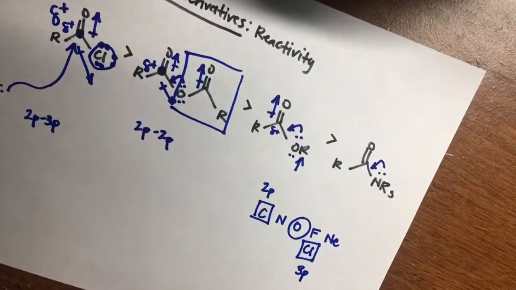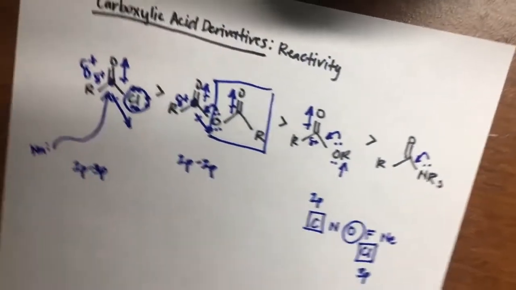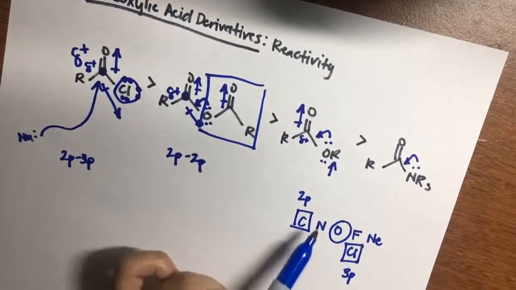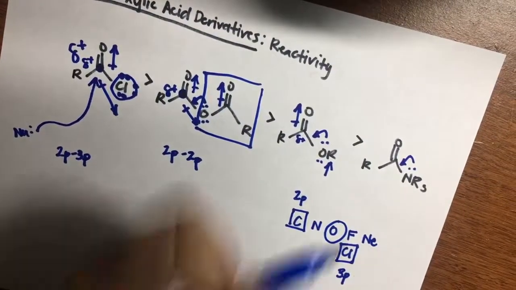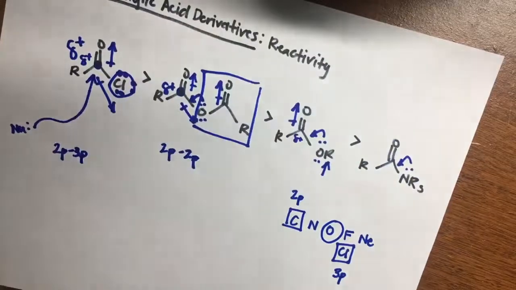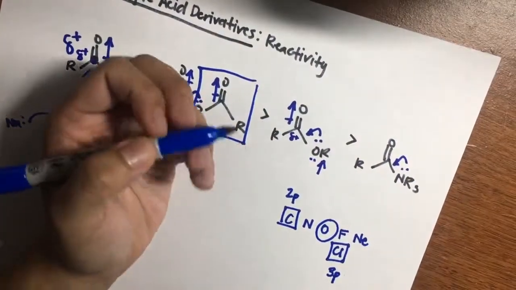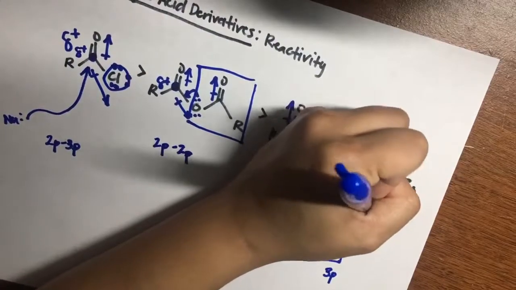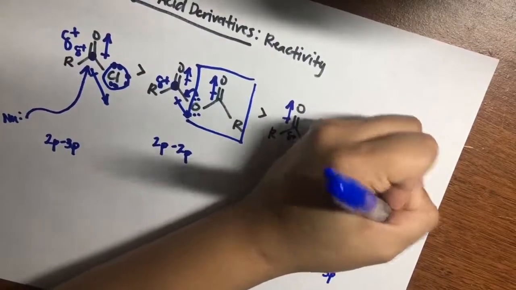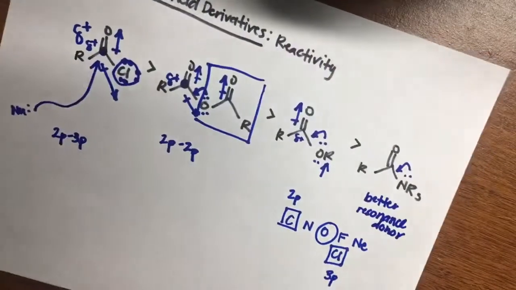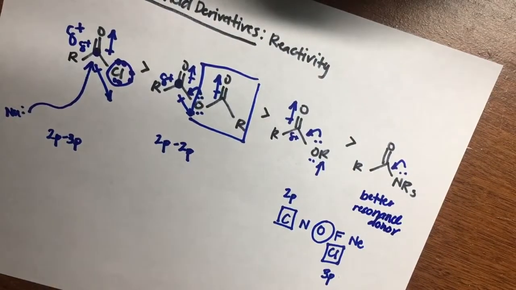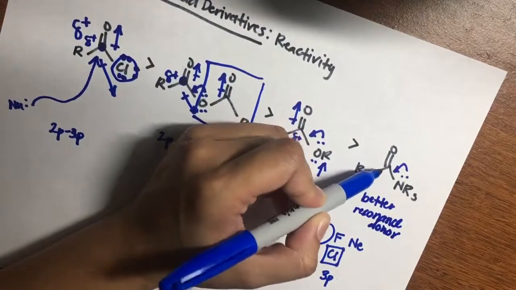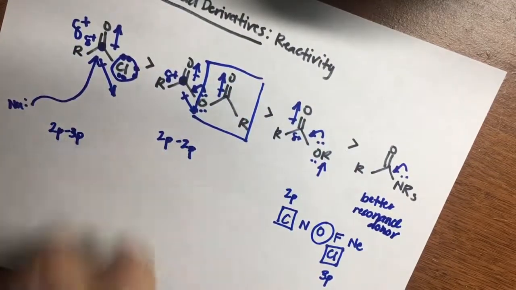But since nitrogen is less electronegative than oxygen, it's better at donating those electrons than oxygen would, and nitrogen is a better resonance donor. And since it's a better resonance donor, it's making the partial positive charge of this carbonyl carbon less than if it were an oxygen.